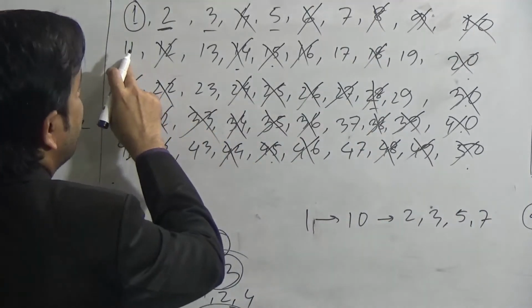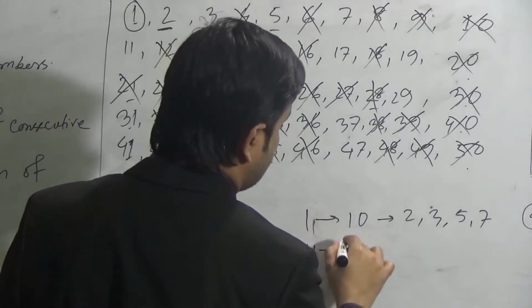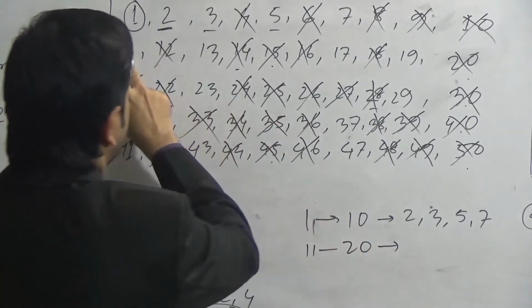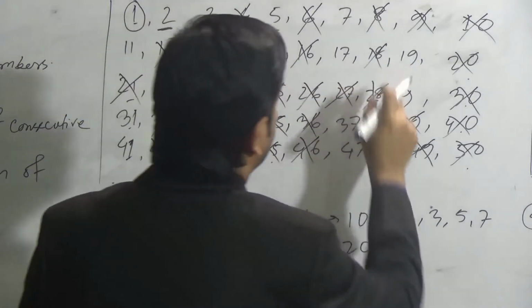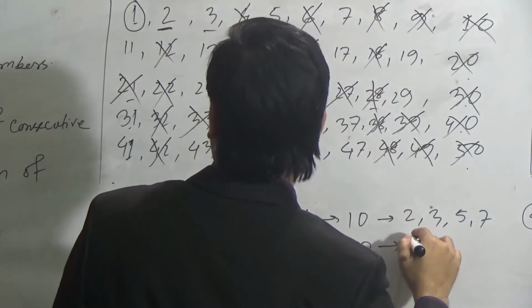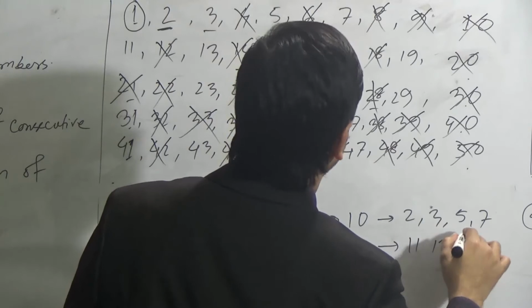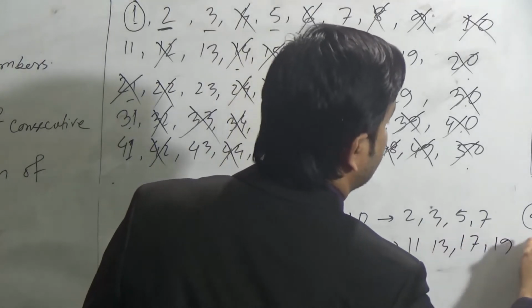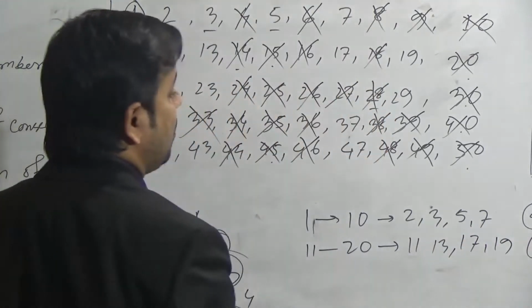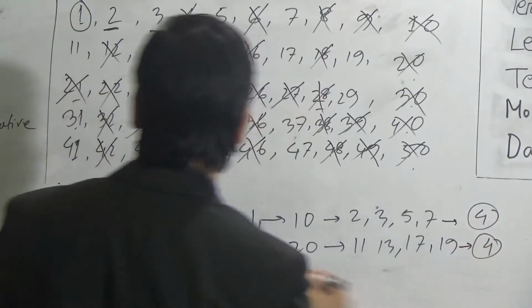Then from 11 to 20, how many prime numbers will we get? 1, 2, 3, 4. It means 11, 13, 17, 19, 4. So here also you get 4 prime numbers.